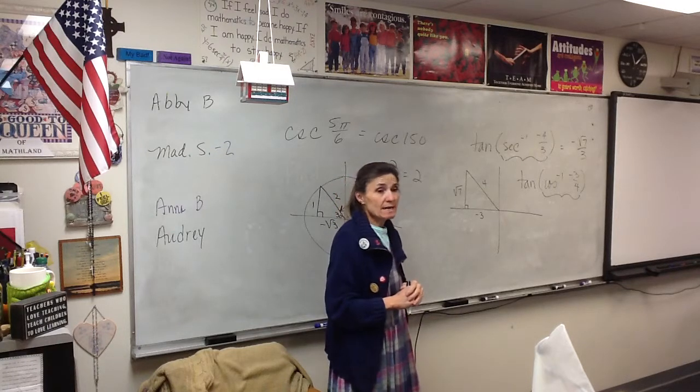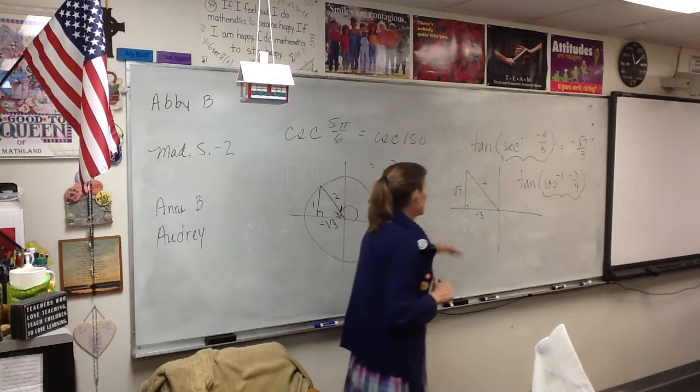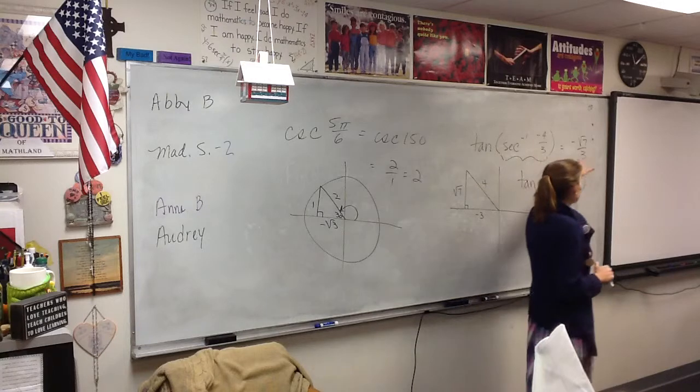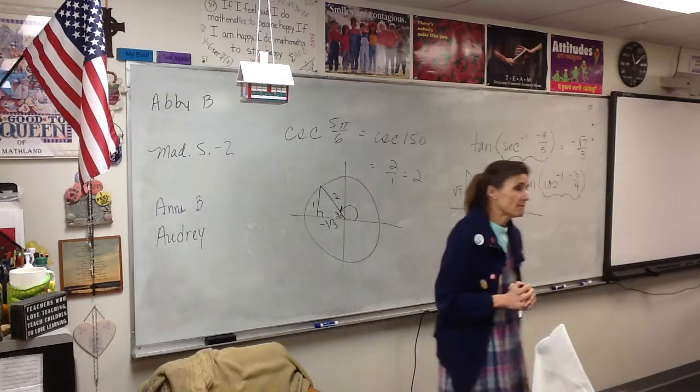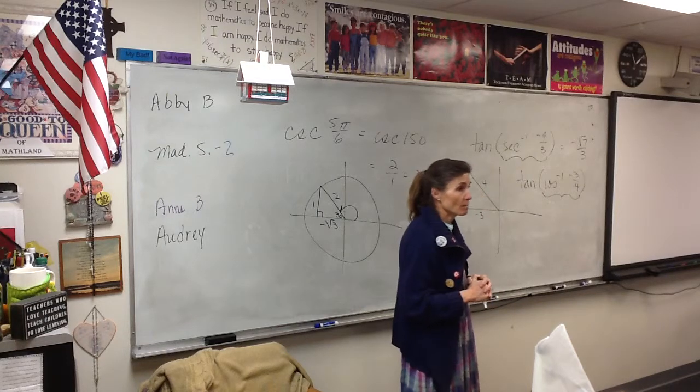Now, you're going to get a decimal, obviously. So then type in on your calculator -√7 divided by 3 and see if you get the same decimal that you got a moment ago.